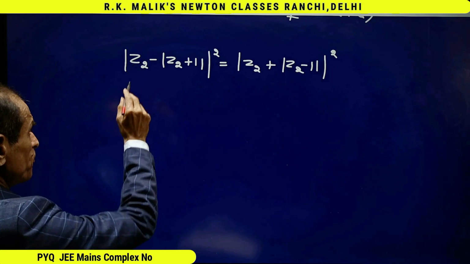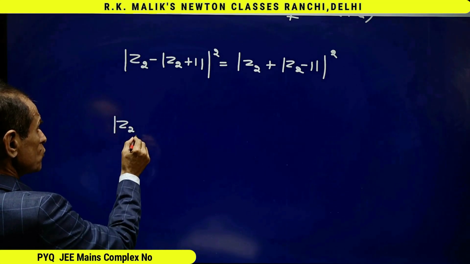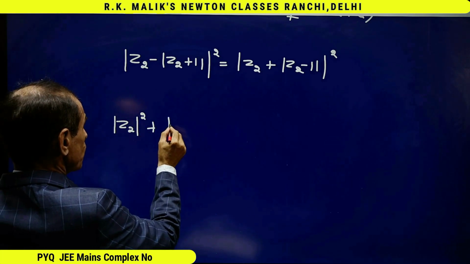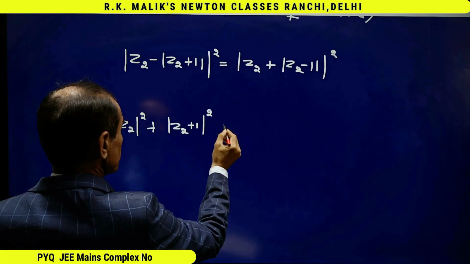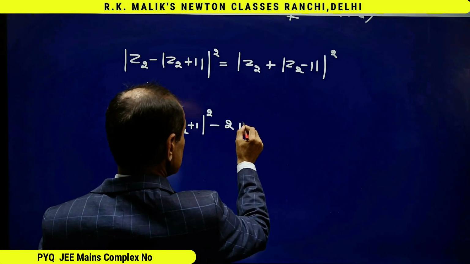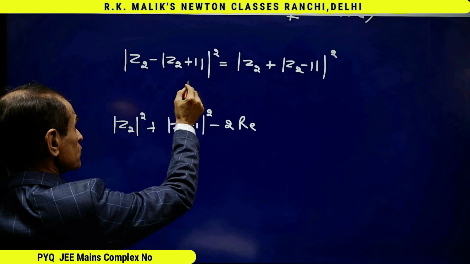And now using the previous formula, I get mod of Z2 whole square plus mod of Z2 plus 1 whole square minus 2 times real part of this into bar of this.